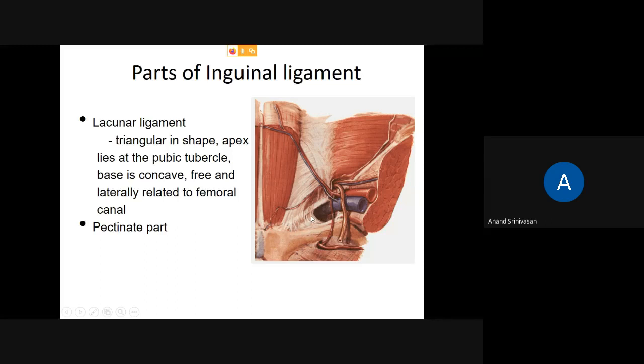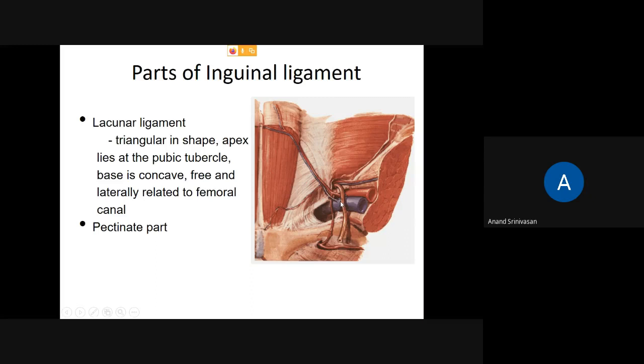This triangular portion is called the lacunar ligament, and this part is called the pectinate ligament. These are the extensions of the inguinal ligament. Especially in case of femoral hernia, you need to know this.